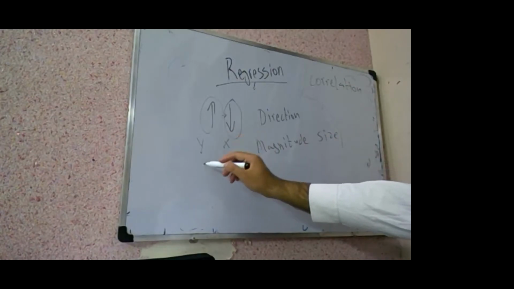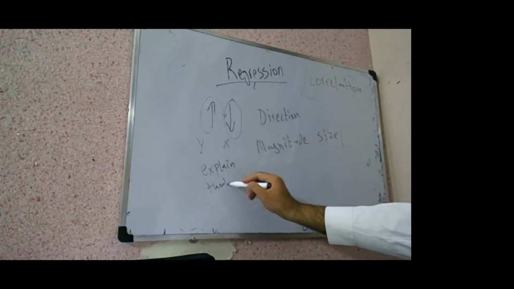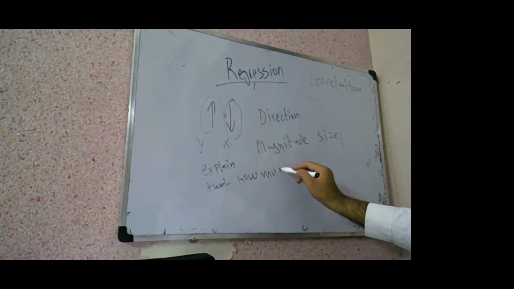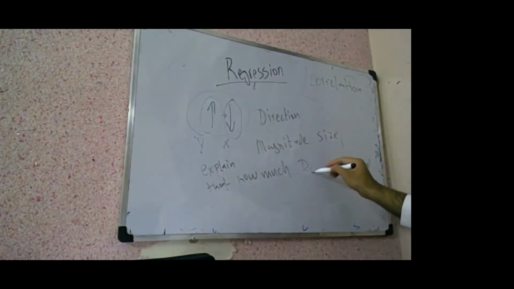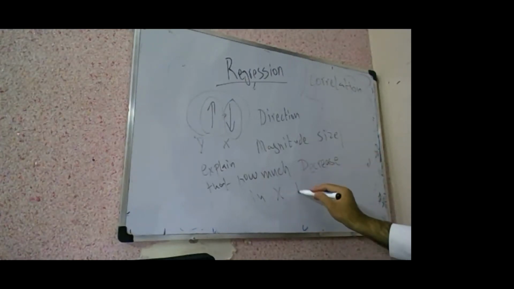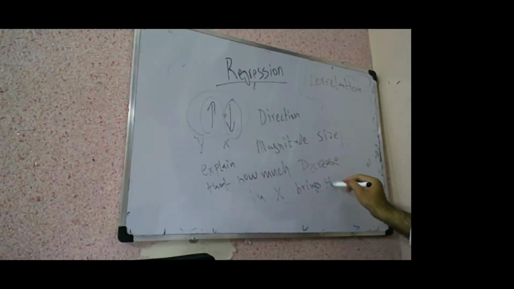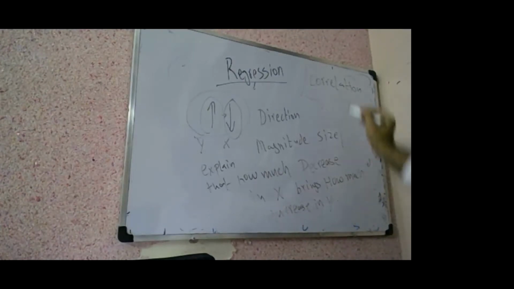Here I can explain how much decrease in x brings how much increase in y, whereas correlation doesn't give me that. So that's the first difference between regression and correlation.